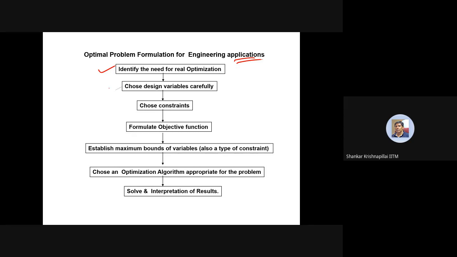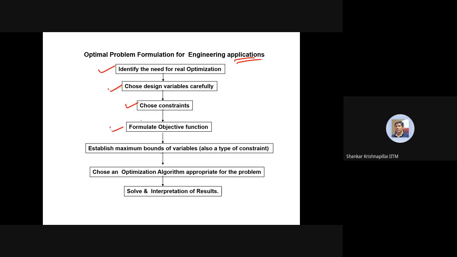Then you have to choose the design variables carefully. Like if you want to minimize the volume of a beam, it should be length, breadth, height, etc. Then choose constraints. That is, stress should not exceed such level, deflection should not exceed such level.